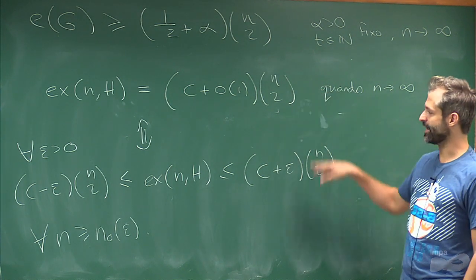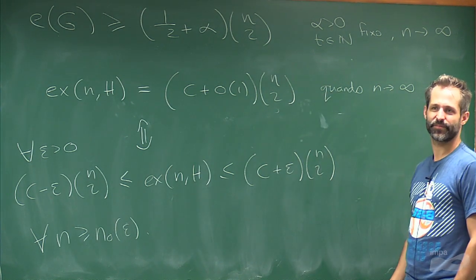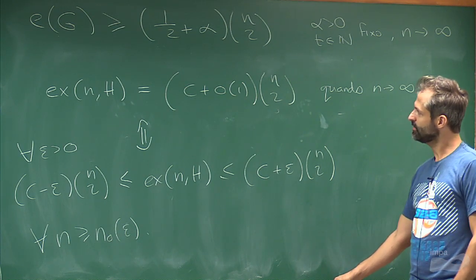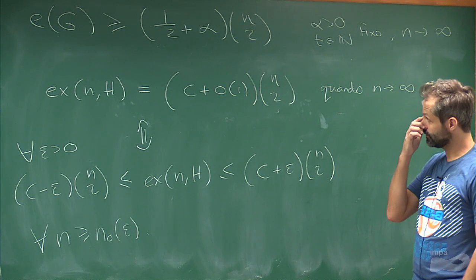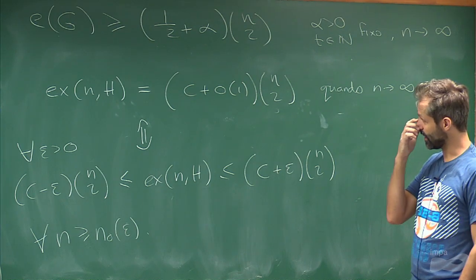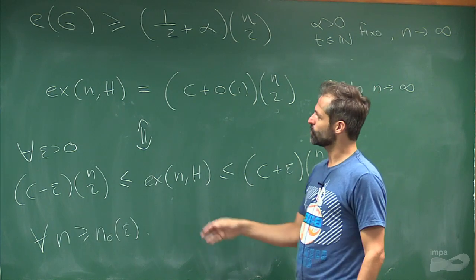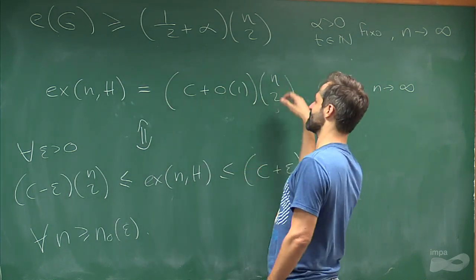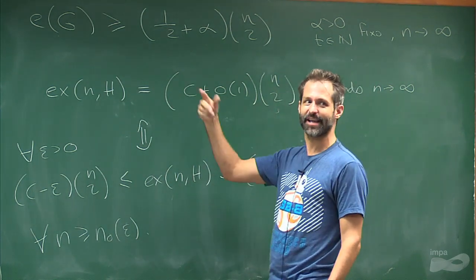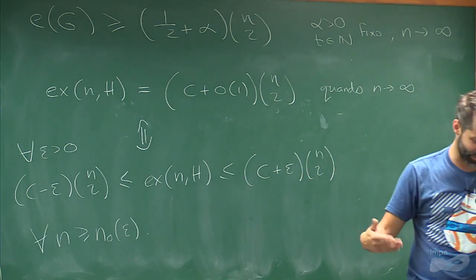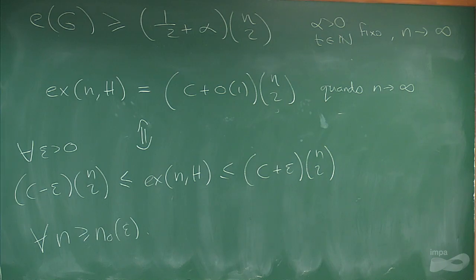So this is just shorthand for this statement. You can also restate it as the extremal number minus c times n choose 2, divided by n squared, tends to 0. It's also the same thing, just rewriting limits with epsilons and deltas.